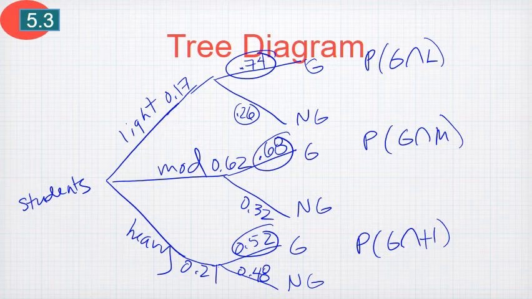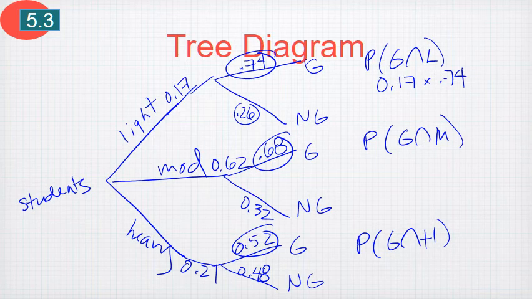Because these are people who had good grades but were also light users, good grades and also moderate users, good grades and heavy users. So when I add these 3 numbers together, I should end up with all of the people that had good grades. So how do I get this probability of good grades and light users? Well, I multiply my branches, right? So 0.17 times 0.74 should give me my probability.